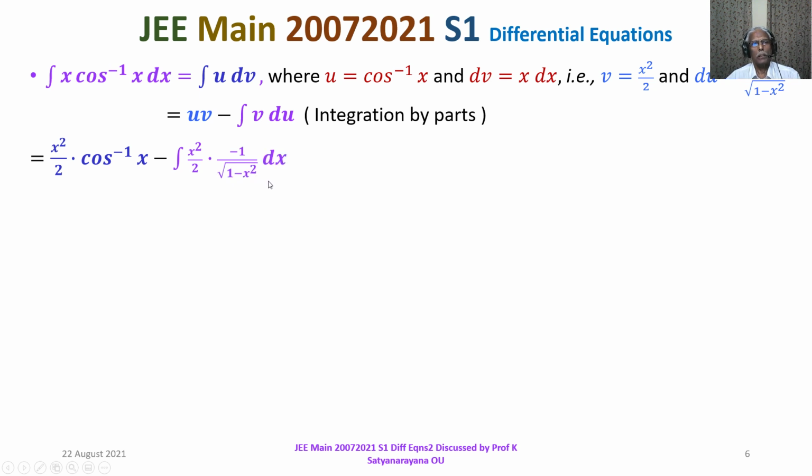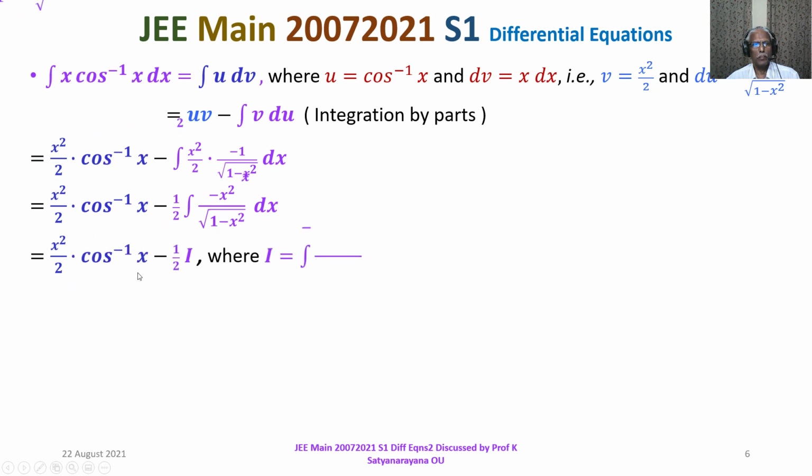So now that will be equal to this first term as it is, but this is equal to minus 1 by 2, this 1 by 2 taken out, integral of minus x square by under the square root of 1 minus x square dx. I call this I. So you will get the first term minus 1 by 2 I, where I is this integral.